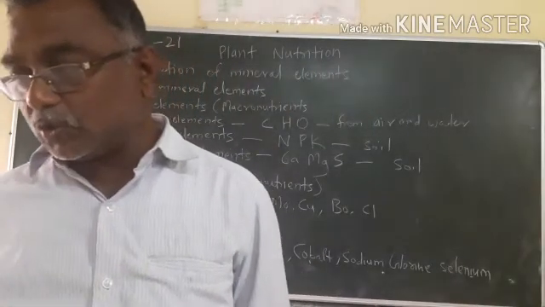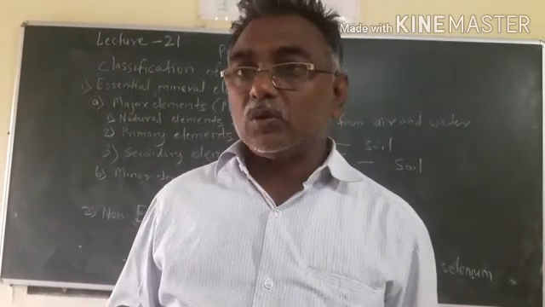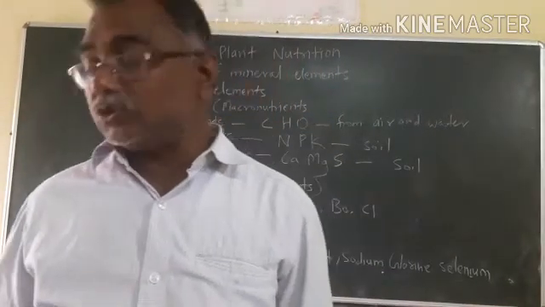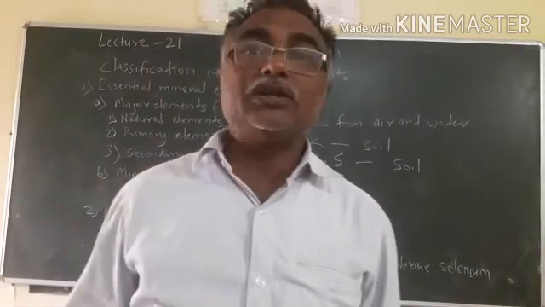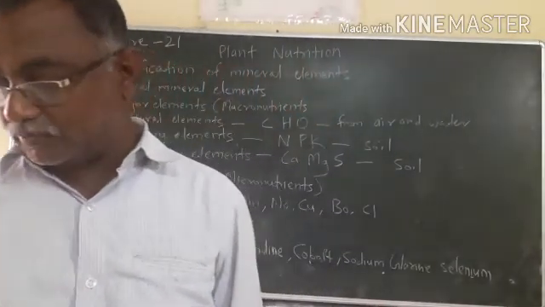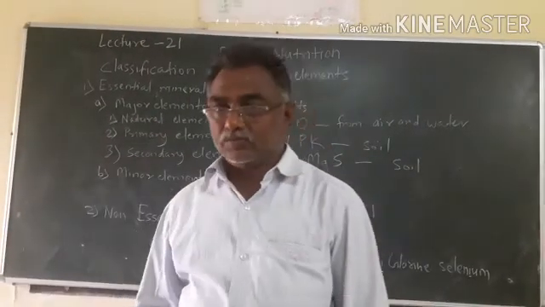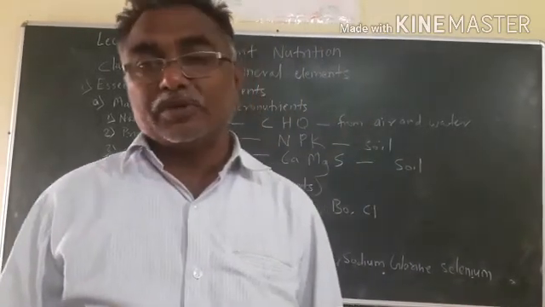So in the osmosis process, concentration of these mineral elements is useful. Some elements will increase the pH of the cell solution. Then some elements will increase the permeability of cell membrane.